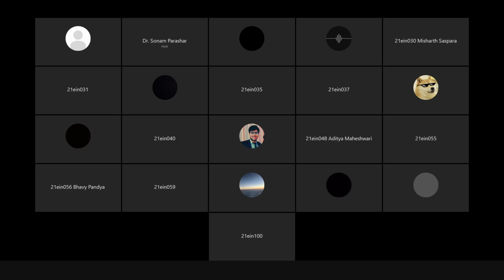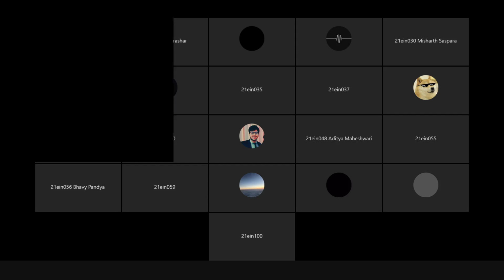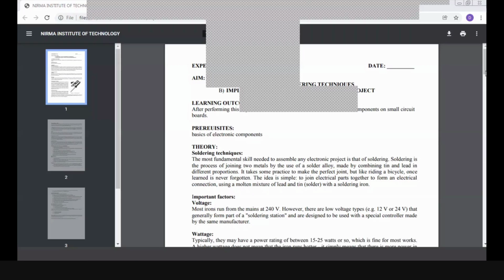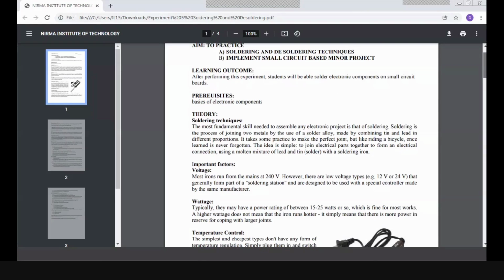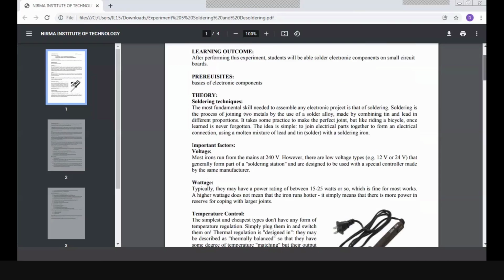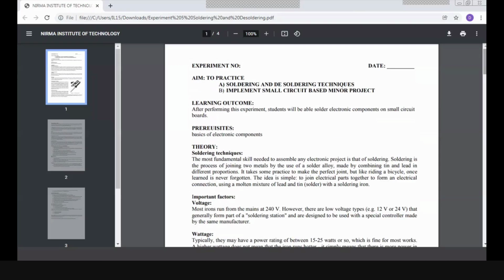Now we are discussing here experiment number 5. So the aim of this experiment 5 is soldering and resoldering techniques. Okay. And the second aim is implementation of small circuit based minor project.